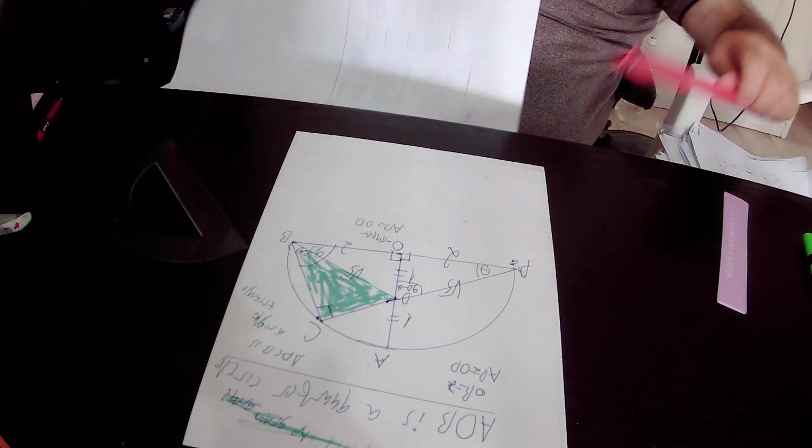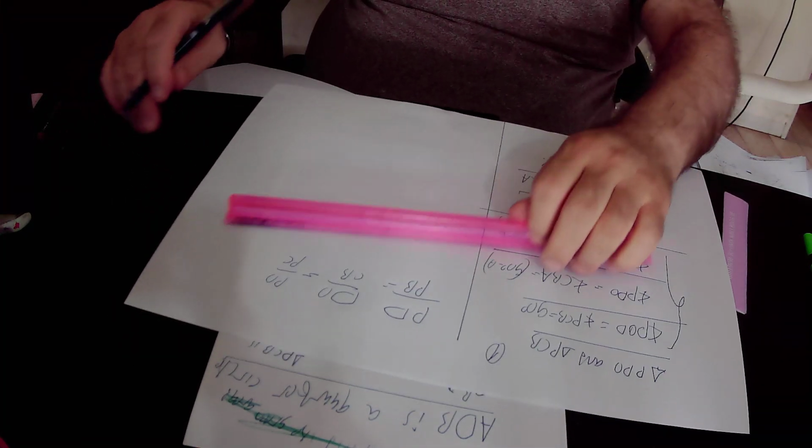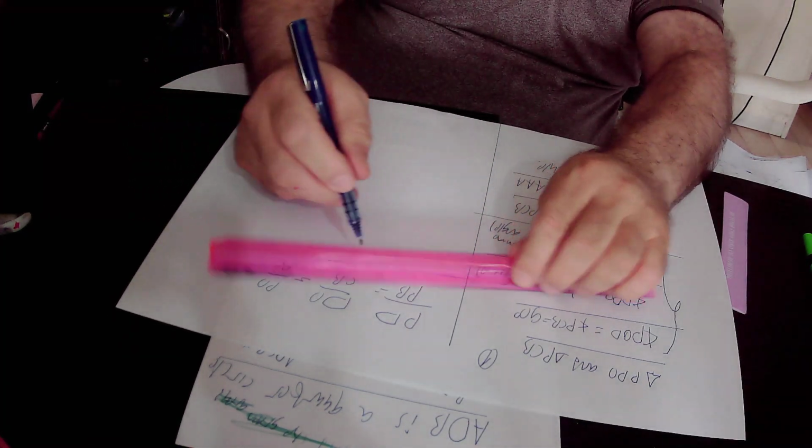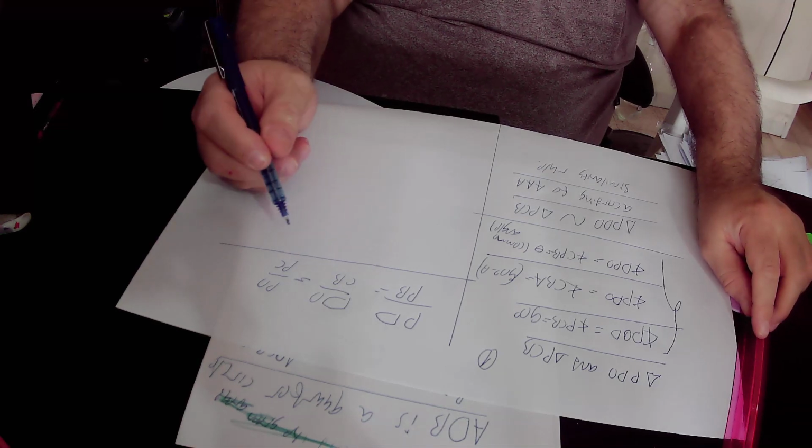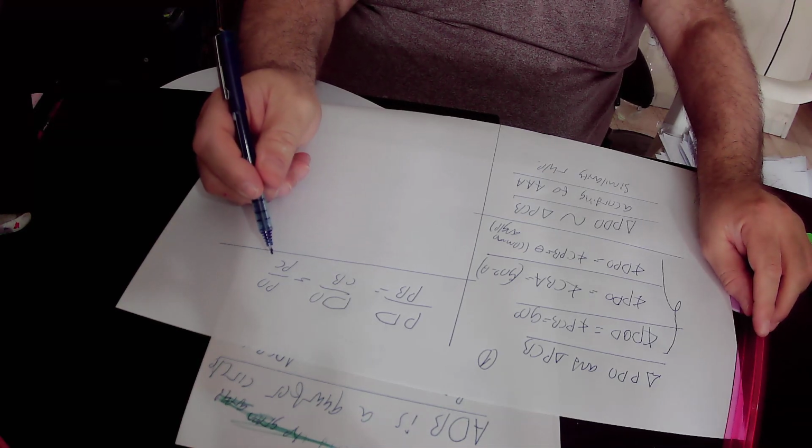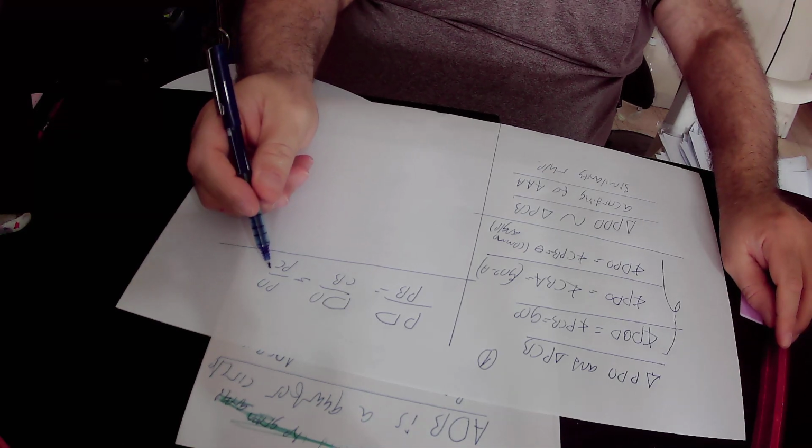I'll repeat again: PD over PB equals DO over CB equals PO over PC.